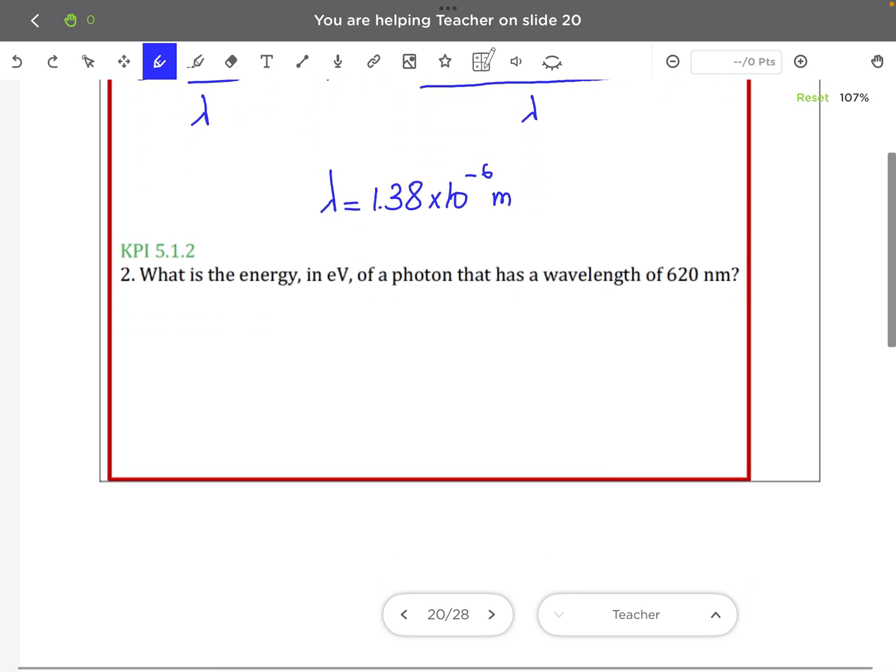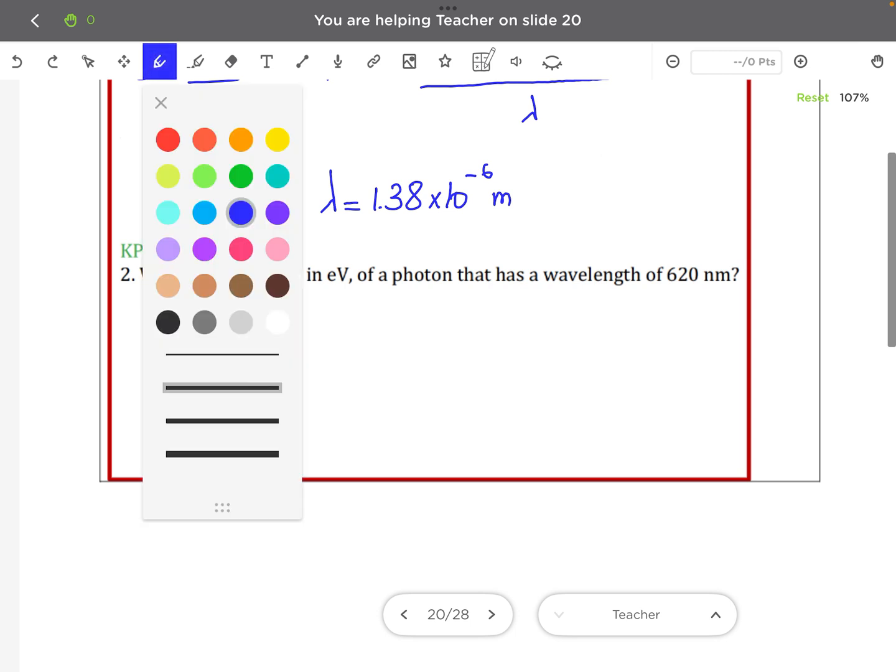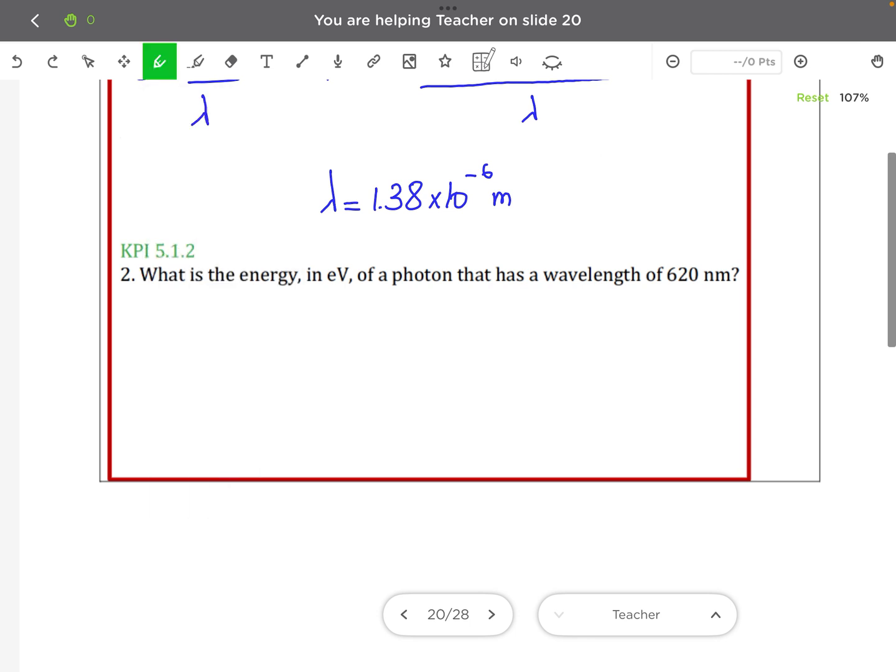Now we need the energy in eV, another question: the energy in eV of a photon that has a wavelength of this much. Not to forget that I need to multiply by 10 to the power of negative 9.